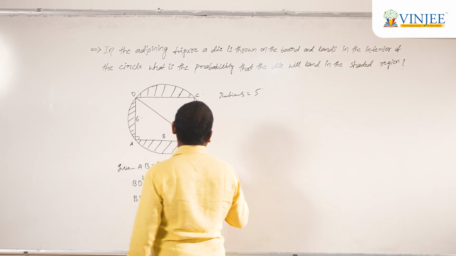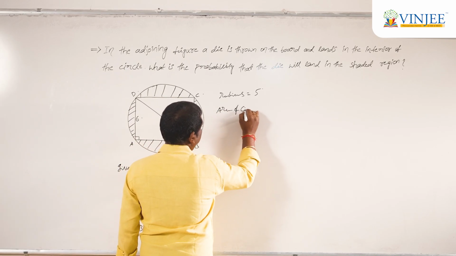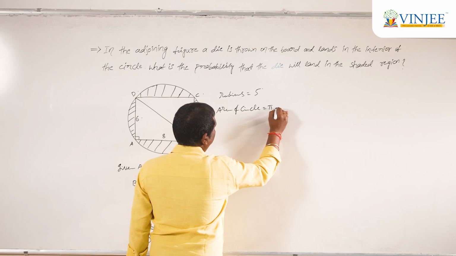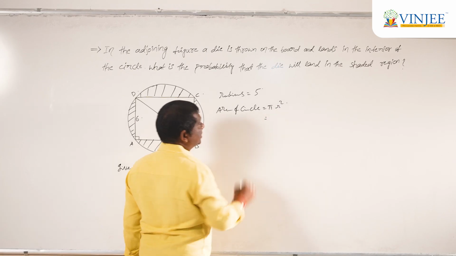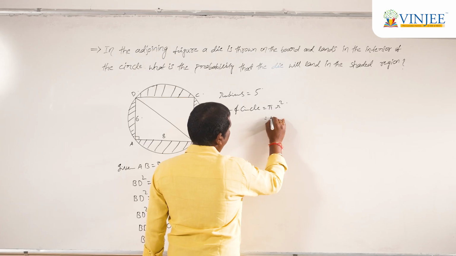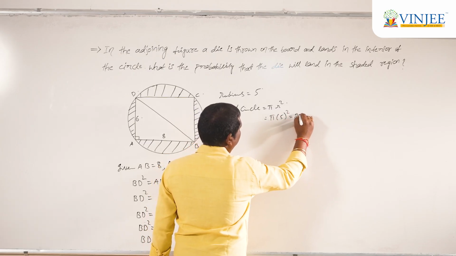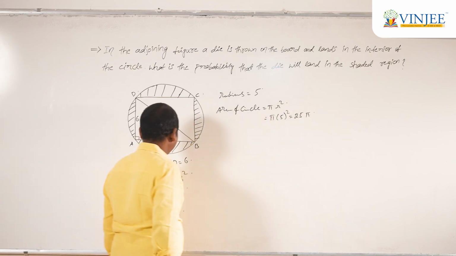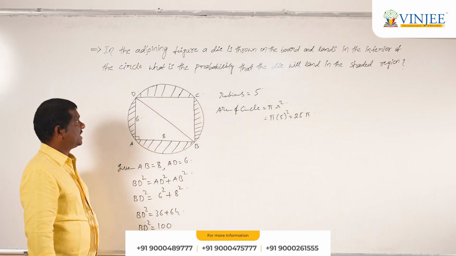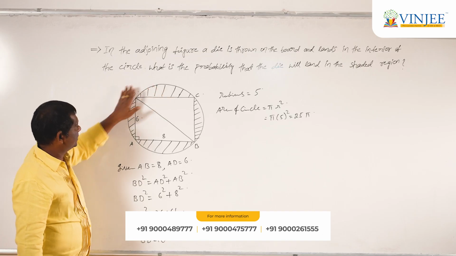Now the area of the circle will be pi r square, where r means radius. Therefore this will be pi into 5 square, so 25 pi. But what is he asking?